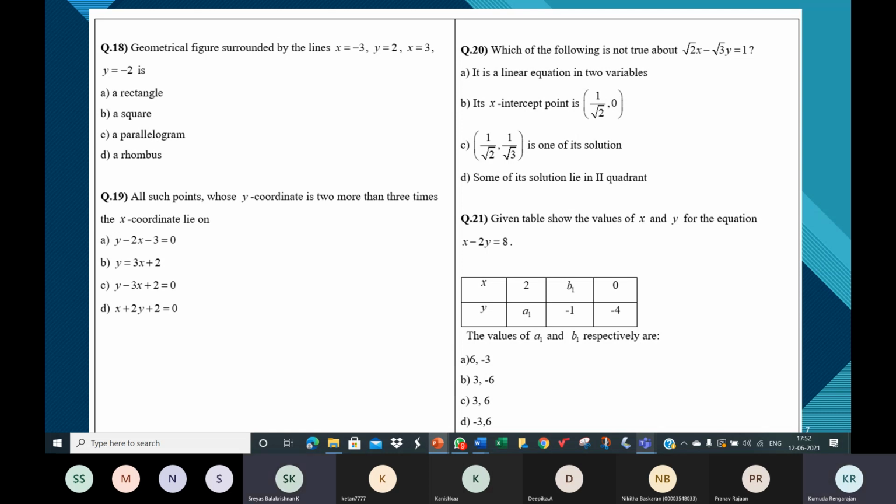Ma'am, a square? It's a square, ma'am. Yeah, I'm getting, no, I just want another answer. If somebody else, all of you say it's a square, let's see.